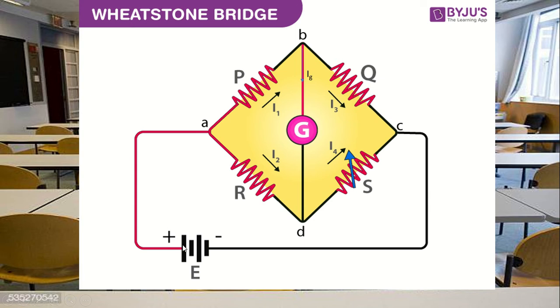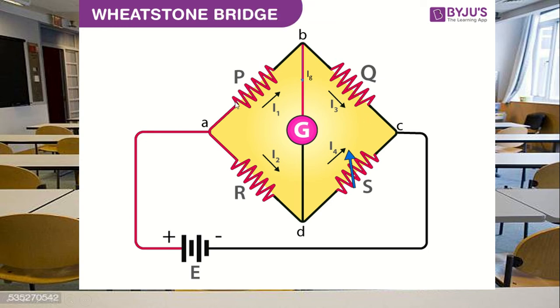In this situation, the main current I supplied by the cell at junction A divides into two parts. One is I1 that goes through P and another is I2 that goes through R. The current I1 at point B again divides into two parts, because you know from Kirchhoff's current law that when current gets any path, it will divide.